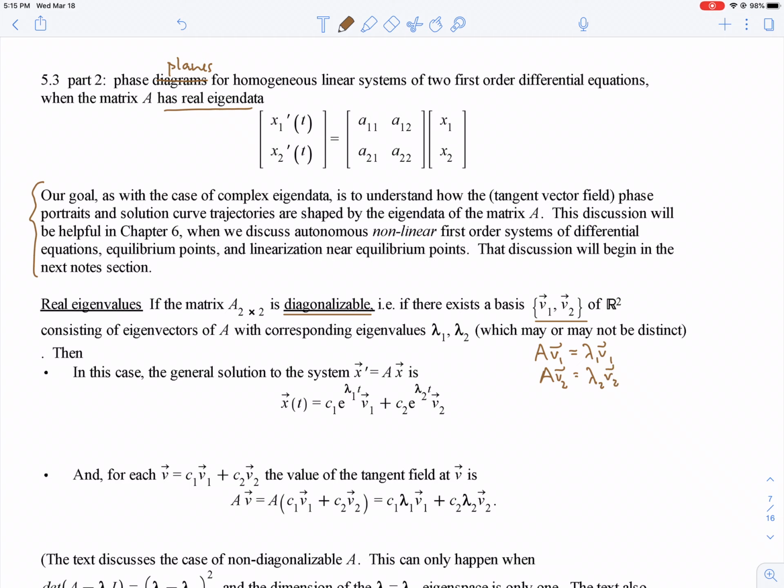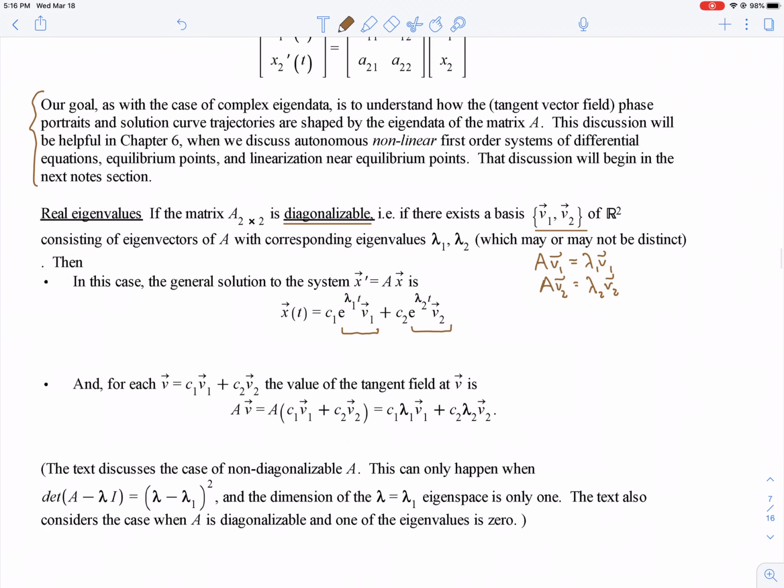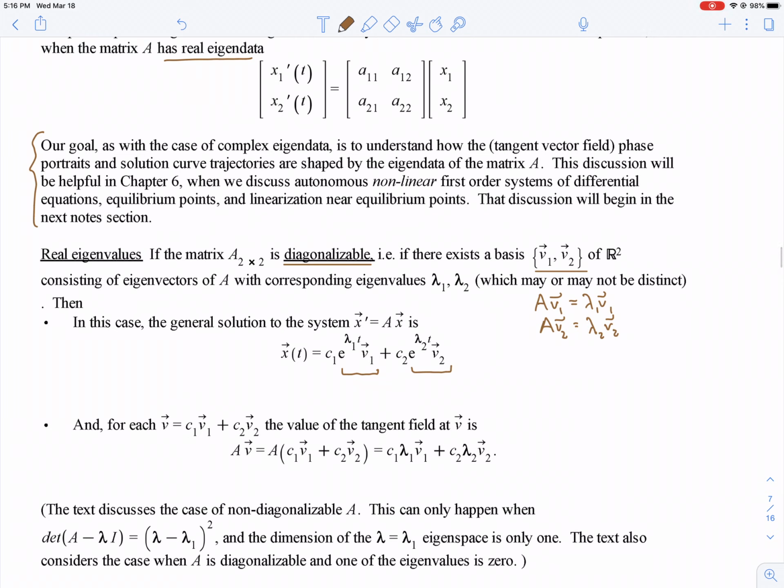Okay, so we know from previous material that in this case we get the corresponding solutions to the first order system, which are of the form e to the lambda 1 t v1 and e to the lambda 2 t v2. And the general solution to the first order system is made out of all linear combinations of these two basis function solutions.